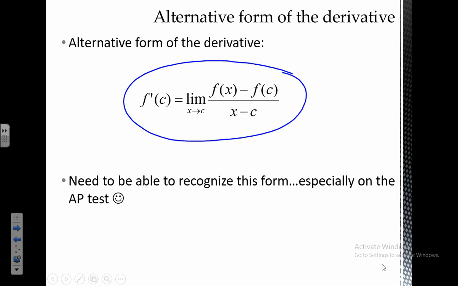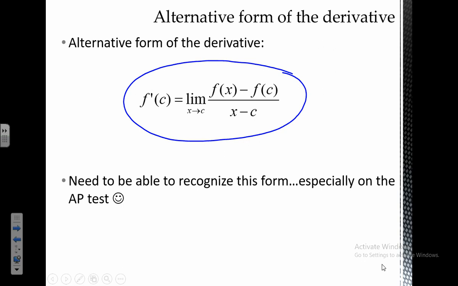Now it's just y minus y over x minus x, as opposed to our denominator being that change in x. Specifically, we're looking at a certain c value. Instead of taking the change in x and taking a limit towards 0, we're taking x minus c and bringing x and c closer together.